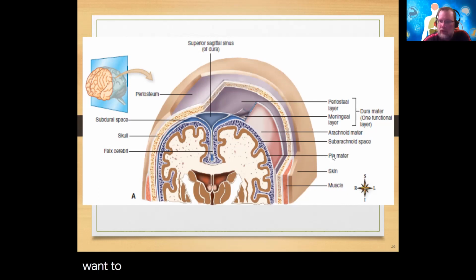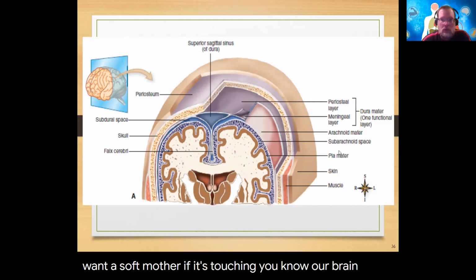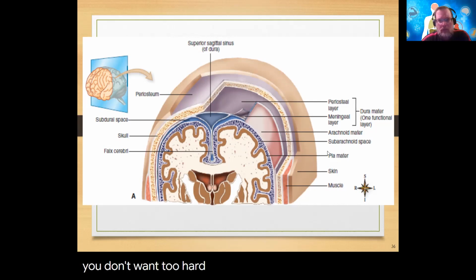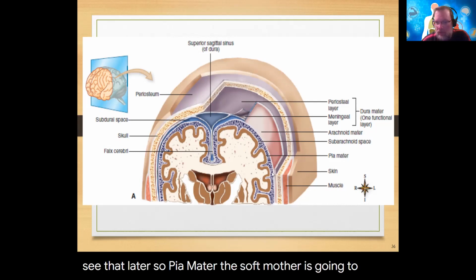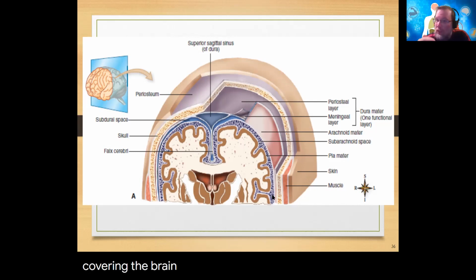We want a soft mother if it's touching our brain. You don't want a tough mother touching your brain. Tough mothers are good, but they're a little more on the superficial area. So we'll see that later. So pia mater, the soft mother, is going to be covering the brain right up against it.